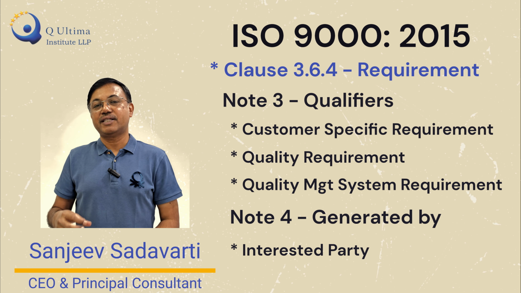So non-conformity is a non-fulfillment of a requirement, whereas defect is non-conformity related to intended or specified use of the product. Defect is very important, and therefore two more important aspects of defect we should understand. The defect has a legal connotation, and therefore understanding of defect is very important.